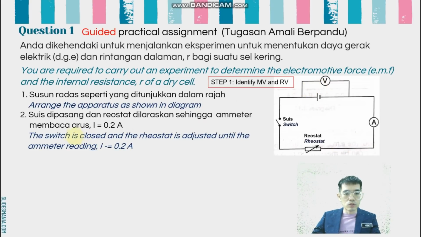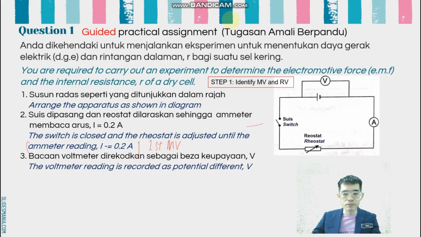Second, the switch is closed. So here you have to close the switch, and the rheostat is adjusted. We have to adjust our rheostat so that we get our first reading of the ammeter at 0.2 ampere. So from here we are clear that this is our first MV. The third procedure, the voltmeter reading is recorded as the potential difference.